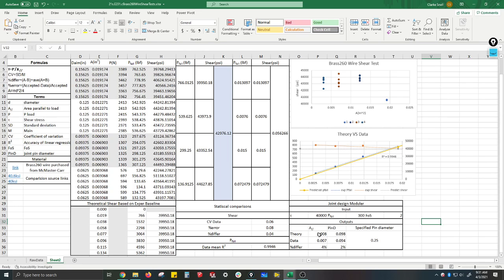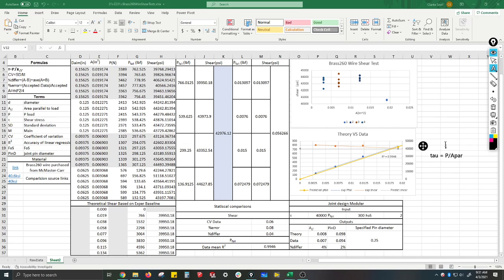So let me turn this on. Let's see if that'll work. Yeah. So we already said that. Let's change the size. Let's just delete this and do it again. If tau, which is shear stress, we're calling it, equals P divided by A parallel, which is kind of confusing, so I'm going to say parallel, which is just the cross-sectional area, but it's oriented differently.